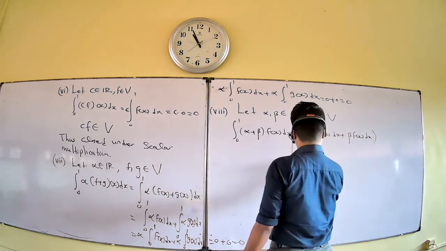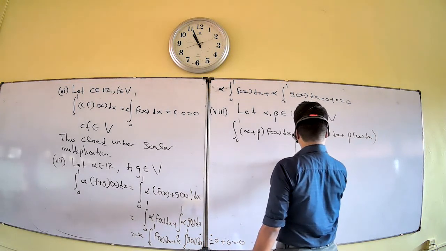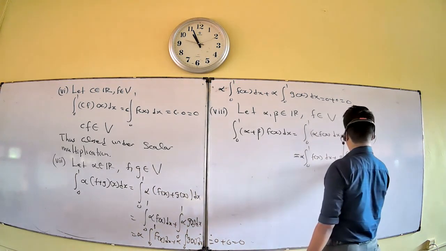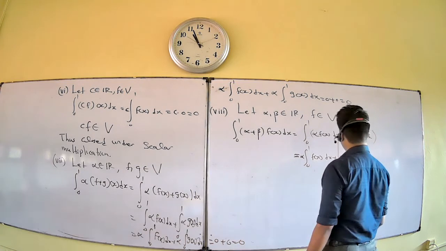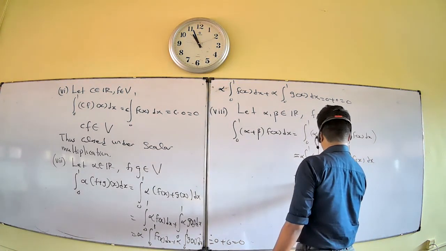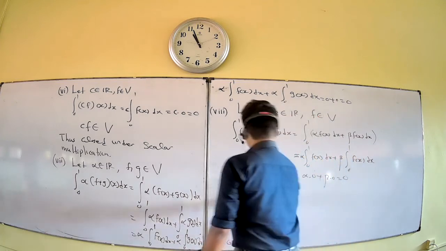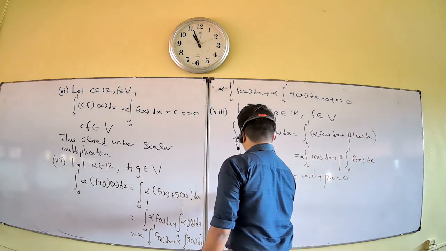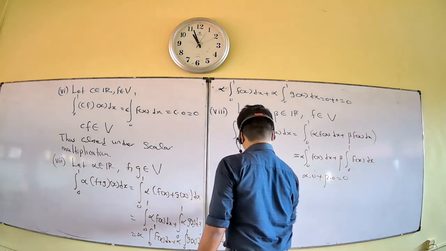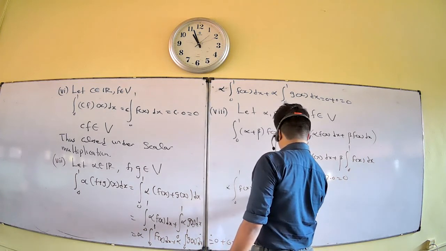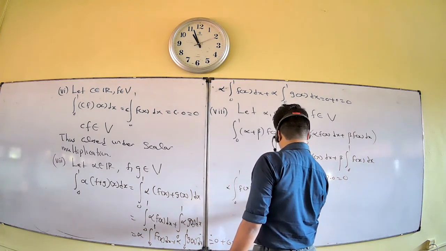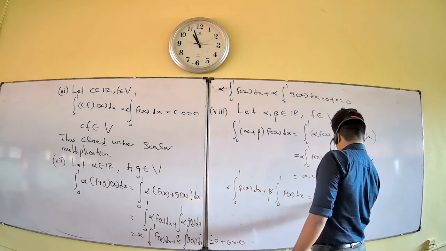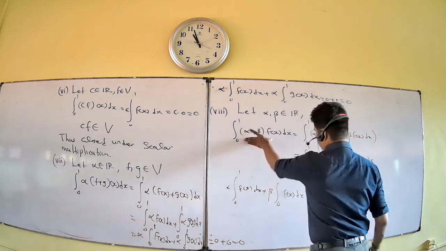So this one we will write alpha times the integral from 0 to 1 of f(x) dx plus beta times the integral from 0 to 1 of f(x) dx. So if f belongs to V, no, then alpha times 0, beta times 0, this one 0. Similarly, you are asked to show that this one equals this one, no? Alpha times the integral of f(x) from 0 to 1 dx plus beta times the integral from 0 to 1 of f(x) dx. So it is alpha times 0, beta times 0, 0. Therefore both are 0. Therefore this one equals this one.